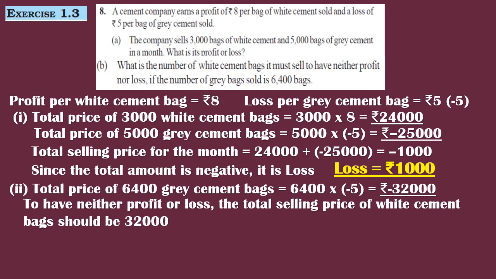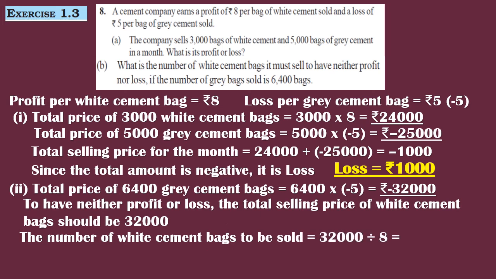So how many 8s are there in 32,000? That will be the number of cement bags. So the number of white cement bags to be sold equals 32,000 divided by 8, which is equal to 4,000. So 4,000 white cement bags must be sold to get neither profit nor loss. Hope it is clear to you.